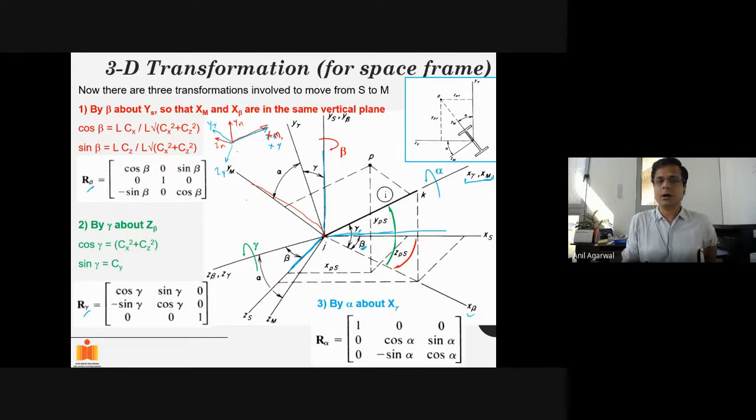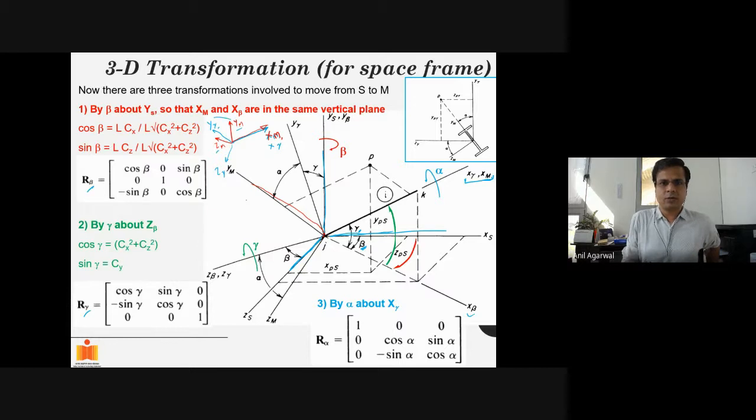Agreed? Now, what do we know about these four vectors, ym, y gamma, zm, z gamma? They all lie in a single plane, right? Do you agree? And that plane is perpendicular to the x-axis.